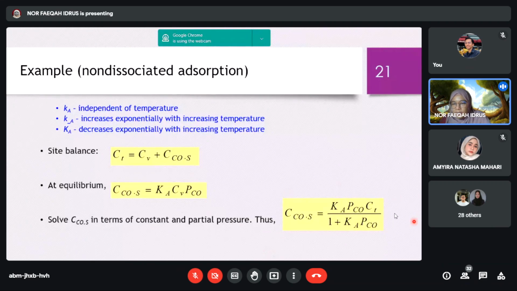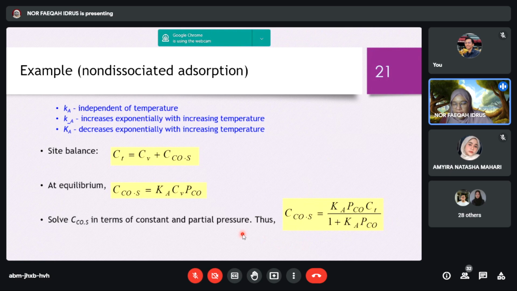So this is the adsorption isotherm for the adsorption of CO.S. Only the adsorption step has an adsorption isotherm. So this is the adsorption isotherm for the adsorption of carbon monoxide.